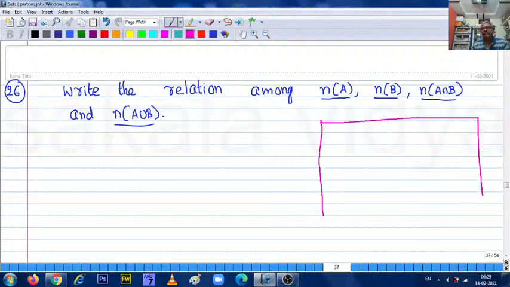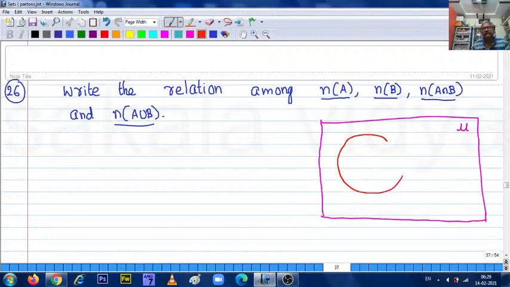So first this is the rectangle for mu, the universal set. Here take set A, and in a different color, green color, B. Suppose this red color is the n of A part.